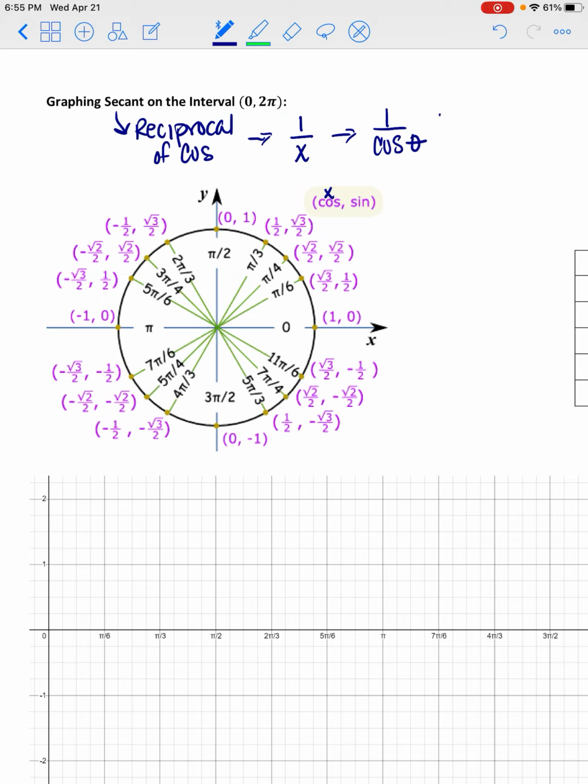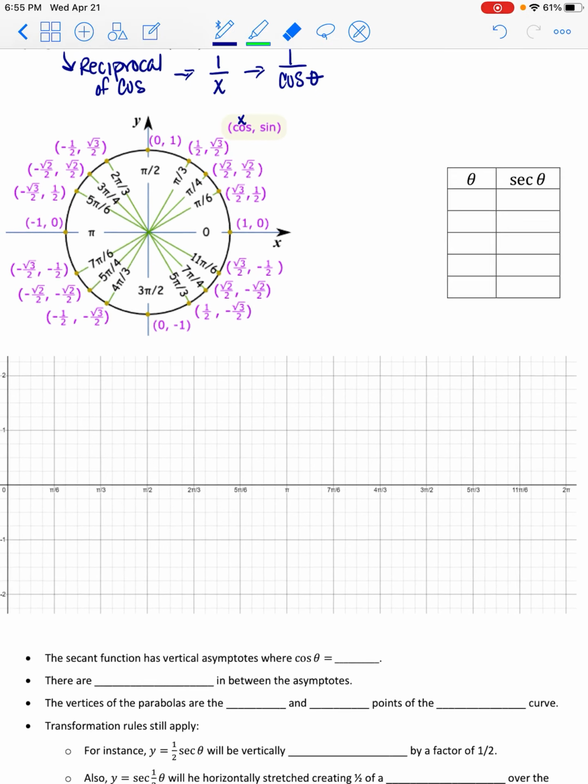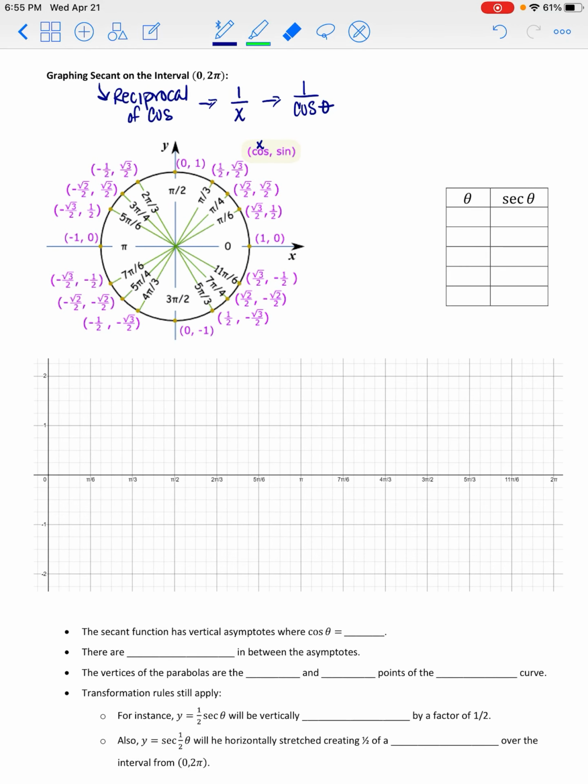So again, we have this fraction happening, which means we have the possibility of having asymptotes. So let's make this table and see what's happening with this graph. Let's start at 0. At 0, if we take the reciprocal of cosine, the reciprocal of 1 is 1. If we go to pi over 2 radians, what's the reciprocal of 0?